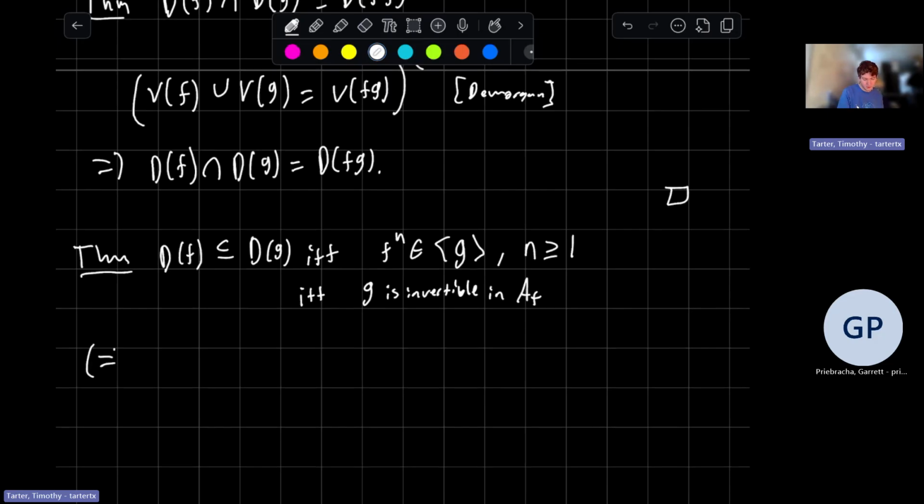Okay, this is an interesting one. So let's try the first implication. So 1 implies 2.